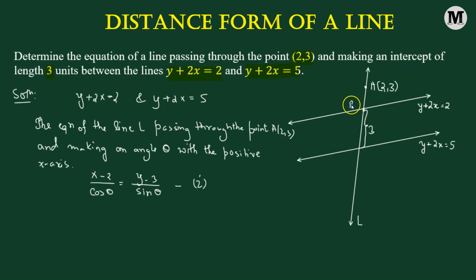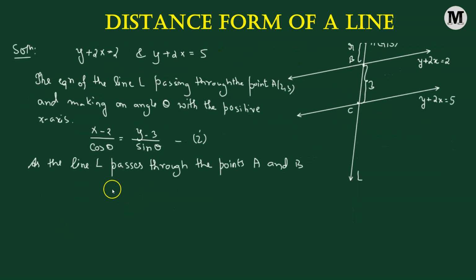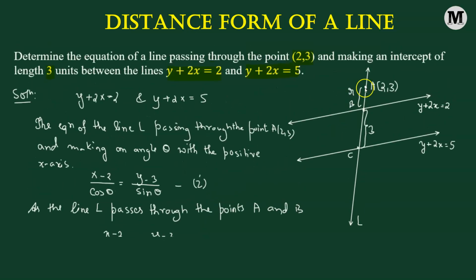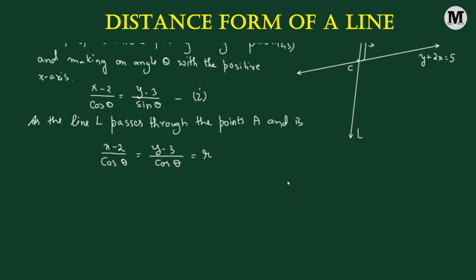Let's say it intersects it at the point B, and it intersects the other line, 2x + y = 5, let's say at the point C. Now we assume that the distance between point A and point B is r, then we can determine the equation of the line L in terms of the coordinates of A and B. So here we have (x − 2) divided by cosine of angle theta equals (y − 3) divided by cosine of angle theta, and this is going to be equal to r, where r is the distance between the points A and B. We have already assumed that.